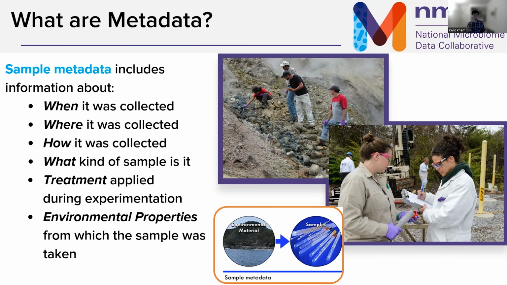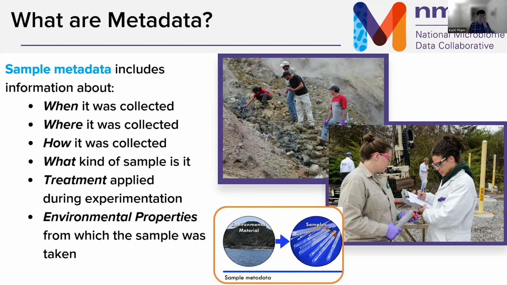So, what should you include when capturing your sample metadata? Well, first and foremost, you're most likely going to want to go through the 4 Ws, or in this case, 3 Ws and the how. So when was the sample collected? This could be not only the date, but time of day.